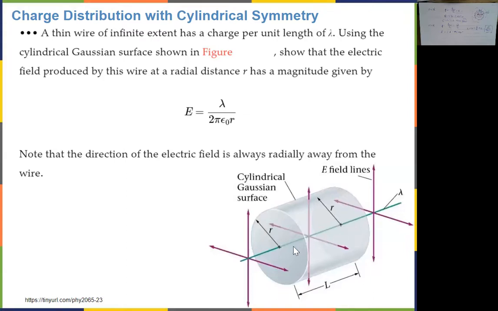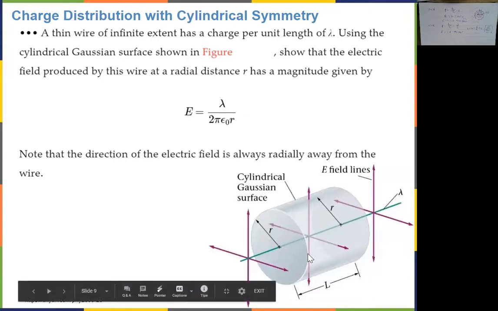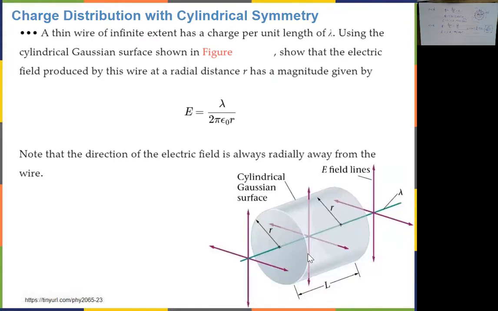That means this cylinder, its surface, is the Gaussian surface. Show that the electric field produced by this wire at radial distance r has a magnitude given by E equal to lambda divided by 2 pi epsilon 0 times the distance r.